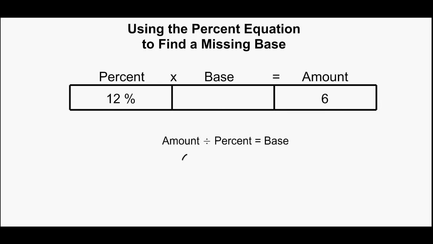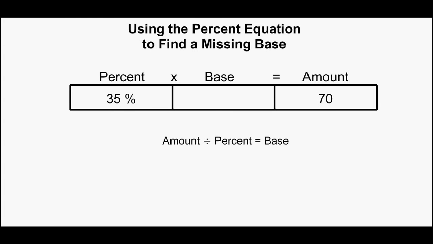Our amount is 6 divided by the percent in either decimal or fraction form will equal the base. Our answer, 50. The missing base is 50. Let's try another example.